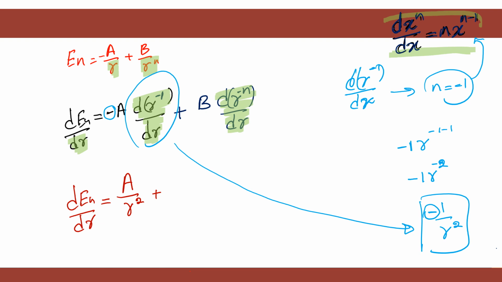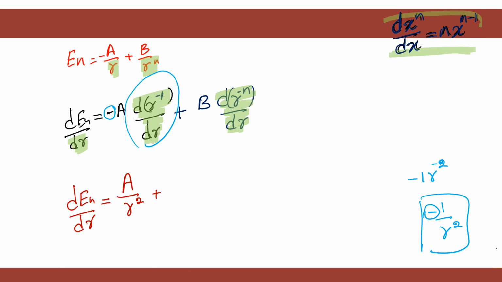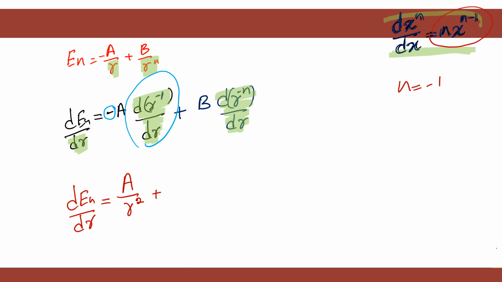In the second one, what is n? n is negative n, isn't it? You put the numbers here. So n is negative 1 in the first one, and in this one you have to put negative n. So negative n x^(-n-1). Sorry, r. So this will be negative n divided by r^(n+1).